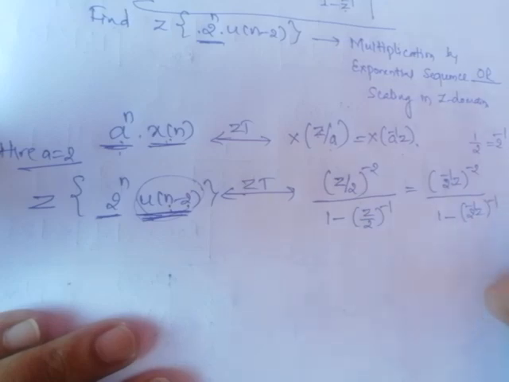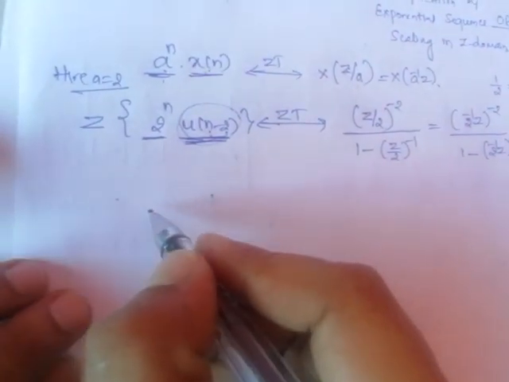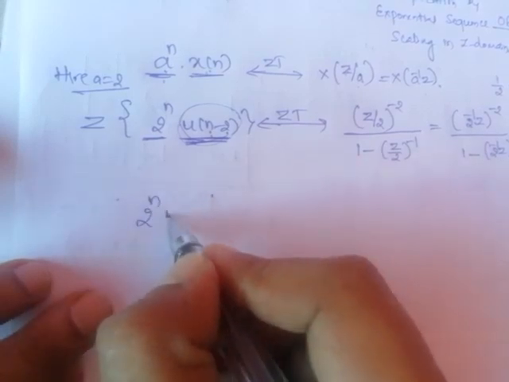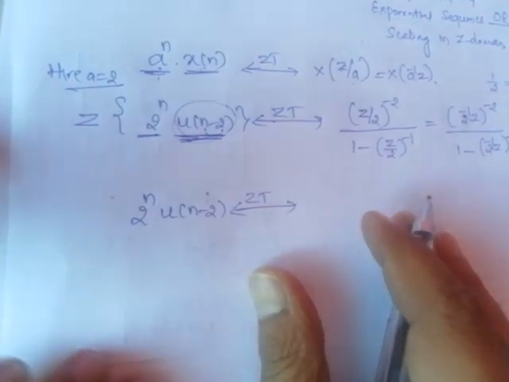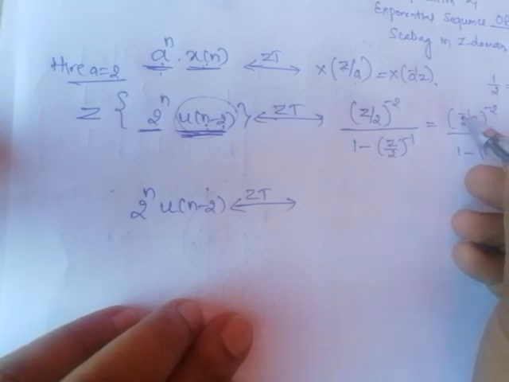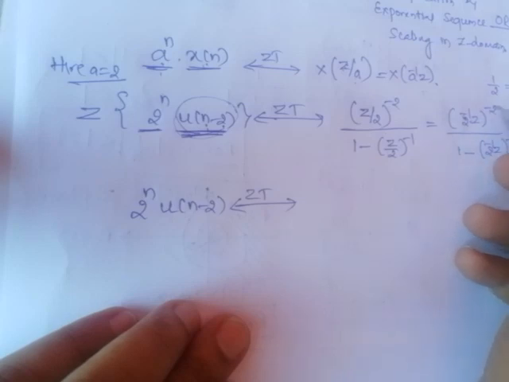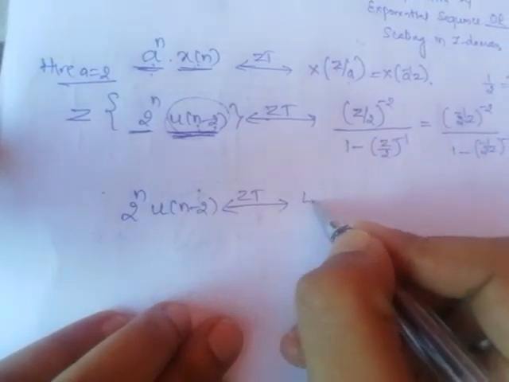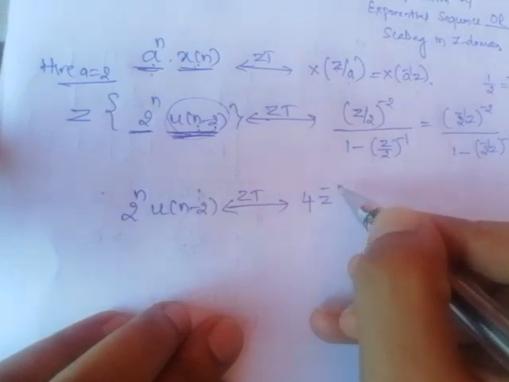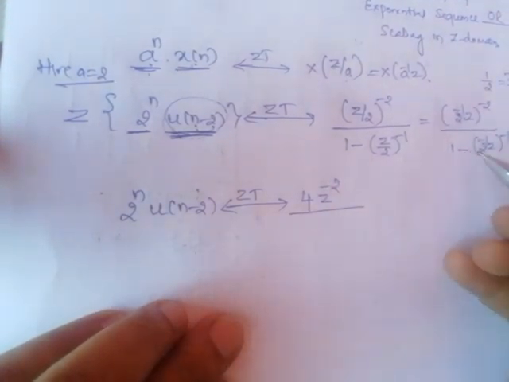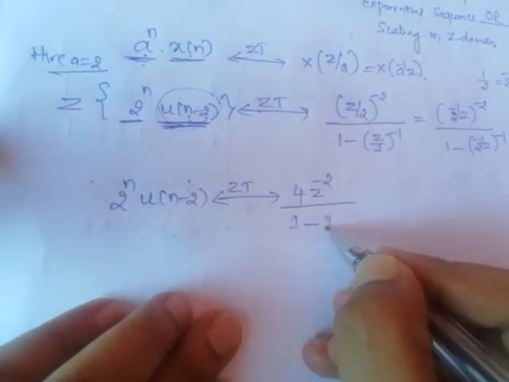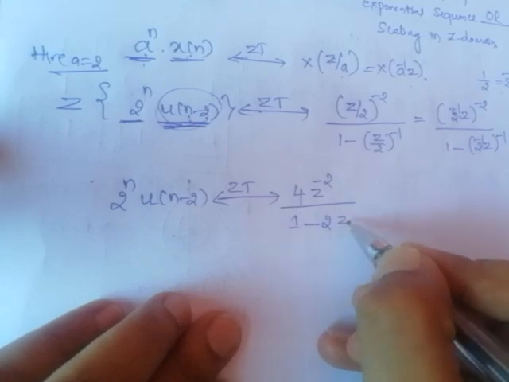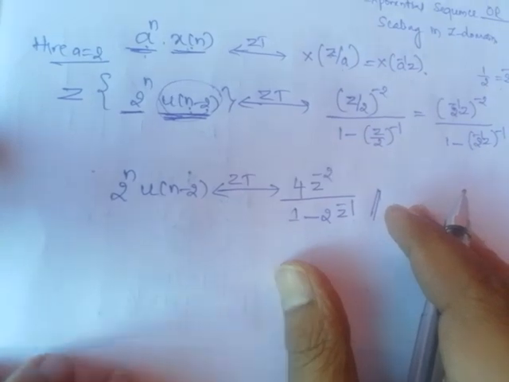So we get 2 to the power minus 1 into z to the power minus 2 divided by 1 minus 2 to the power minus 1 z to the power minus 1. Hence the ZT pair of 2 to the power n u of n minus 2 is 2 to the power minus 1 into minus 2, that is 2 squared, which is 4, into z to the power minus 2, divided by 1 minus 2 to the power minus 1 into z to the power minus 1, that is 1 minus 2 z to the power minus 1. This is the answer.